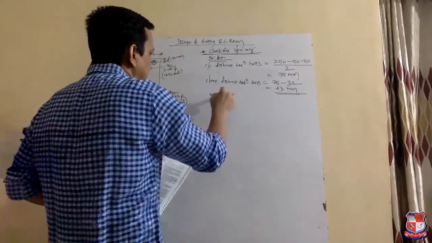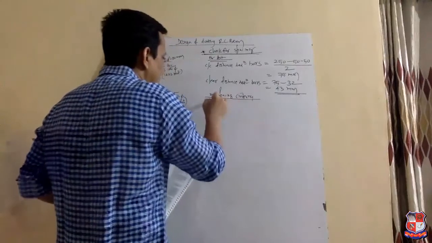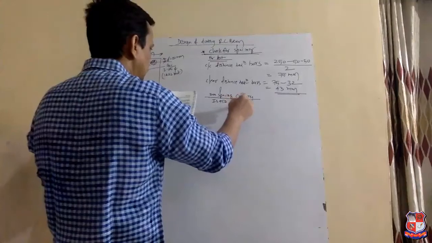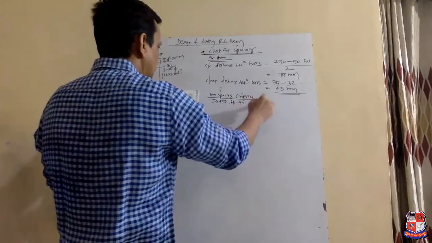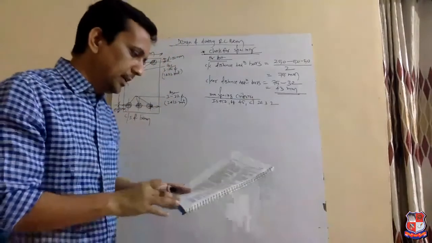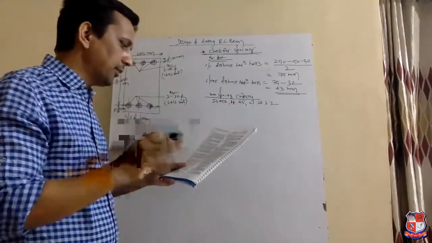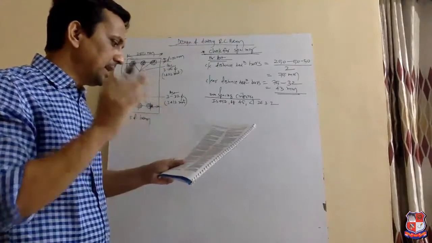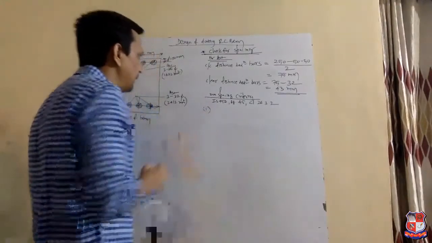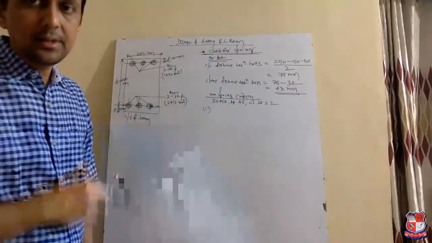the minimum spacing criteria is given in IS 456, page number 45, clause 26.3.2. So they have clearly written that the horizontal distance between two parallel main reinforcement bars shall not be less than the greatest of the following. The first one is the diameter of the bar if the diameters are the same.